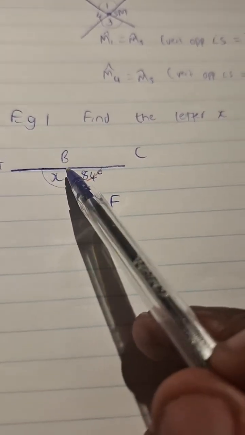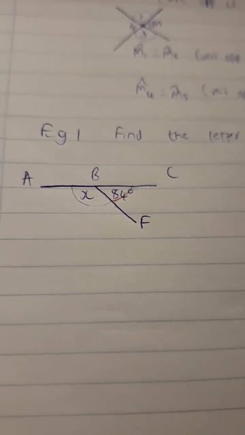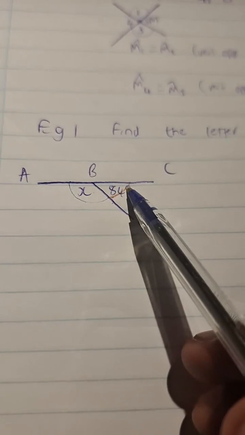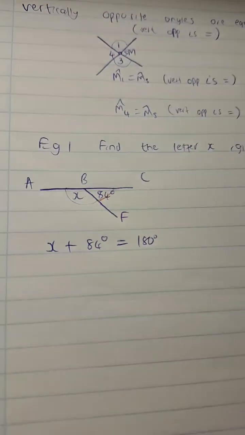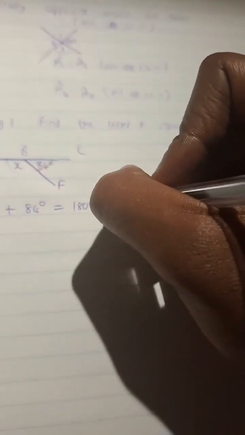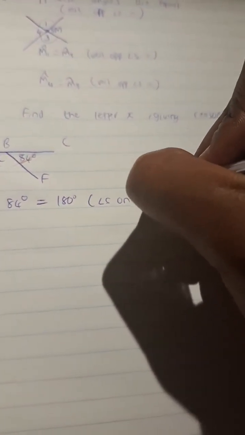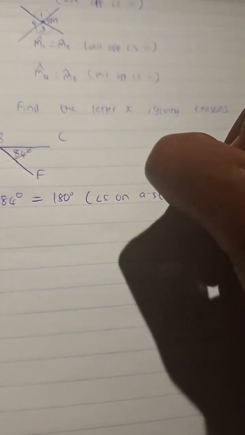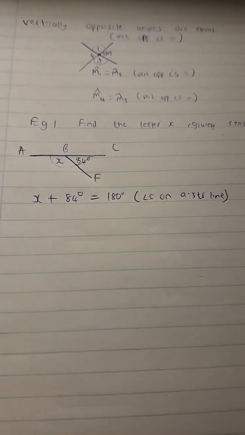That means that these are two angles that are supplementary. And angles that lie on a straight line are what? Are supplementary. So what do we say here? X plus 84 degrees is equal to 180 degrees. What's the reason? Because we need the reason in order to be able to go ahead and solve at the end, you see?